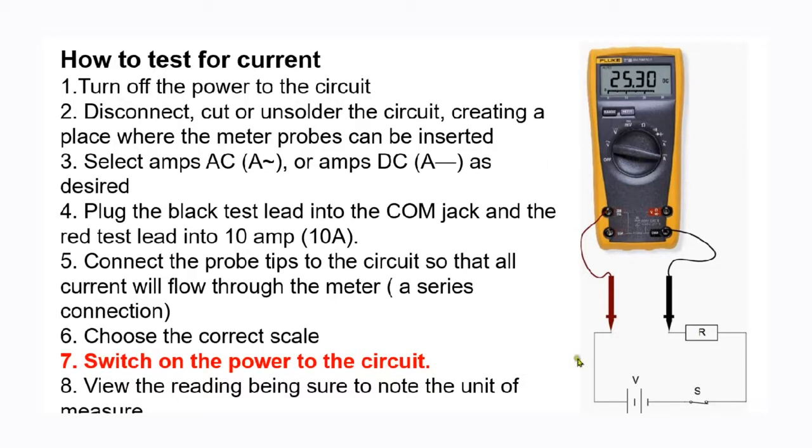Choose the correct scale, as I've said before, and now make sure the power is switched back on, because you cannot test for current if the circuit is de-energized. Make sure the power is switched back on. View the reading and make sure you read the unit that's given here correctly. This reading is 25.3 amperes.